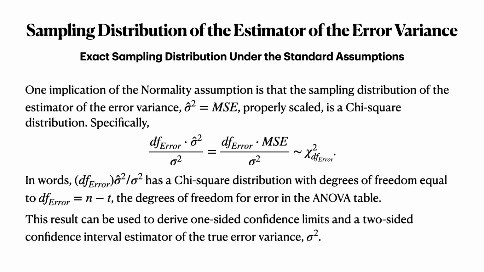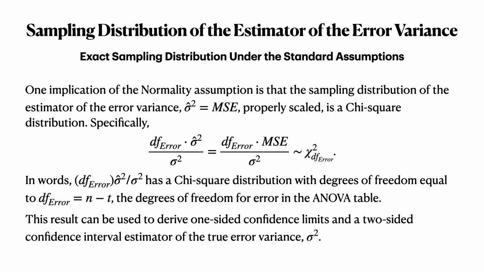Now, one implication of this normality assumption is that the sampling distribution of the estimator of the error variance, sigma hat squared, or the MSE, when properly scaled, is a chi-square distribution. In particular, if we multiply the error degrees of freedom by the MSE and then divide by the true error variance, then that random variable has a chi-square distribution with degrees of freedom equal to the degrees of freedom for error from the ANOVA table.